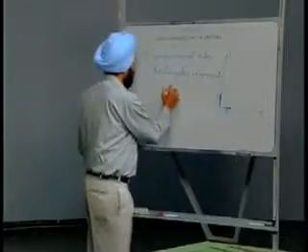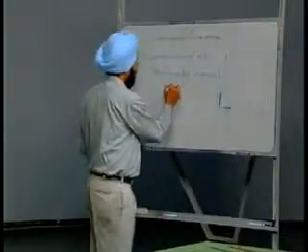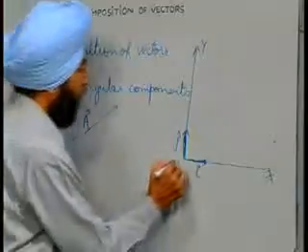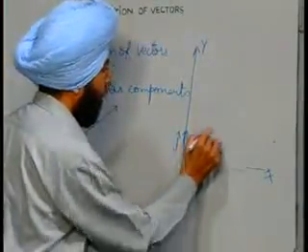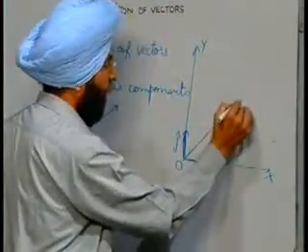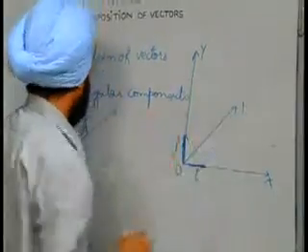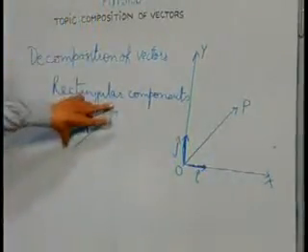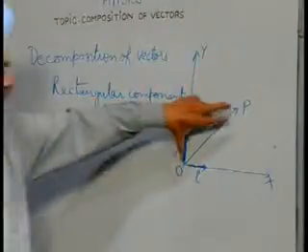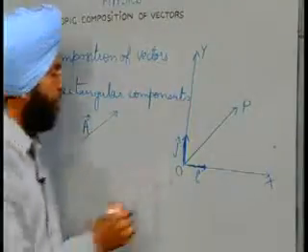We have this A vector, it is represented by OP. OP has the same length as magnitude of A and the same direction.